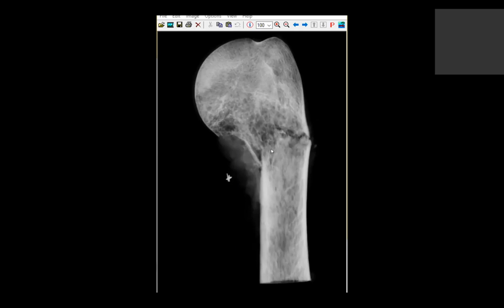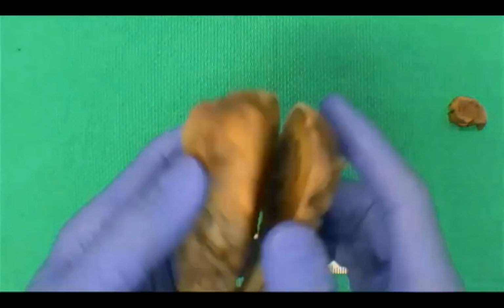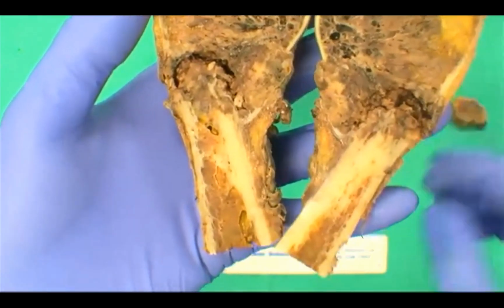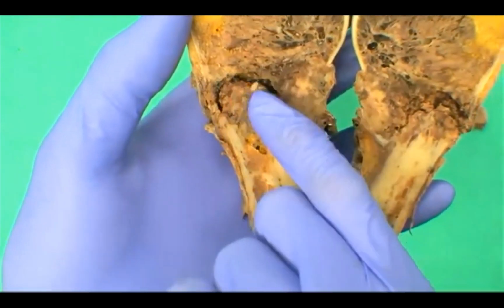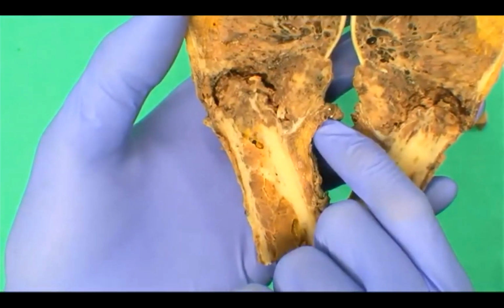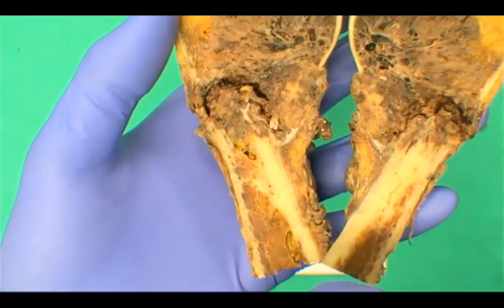And so having the X-ray, number one, allows you to see what's going on, but then also to guide your approach in terms of which plane of dissection you want to cut the bone in. Given what we saw here, we opted to cut this humerus coronally. And you can see the fracture here, it's really well preserved in the specimen and how it correlates to the radiologic findings of our specimen X-ray.